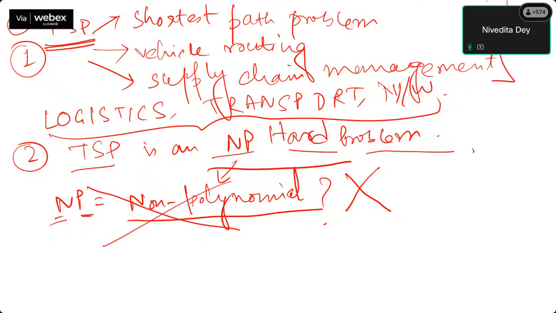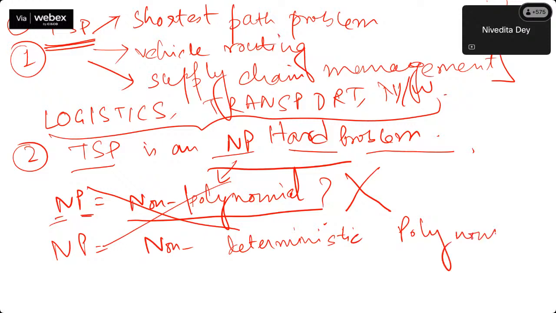That is a wrong statement. What is the right one? NP stands for non-deterministic polynomial. What do I mean by that?